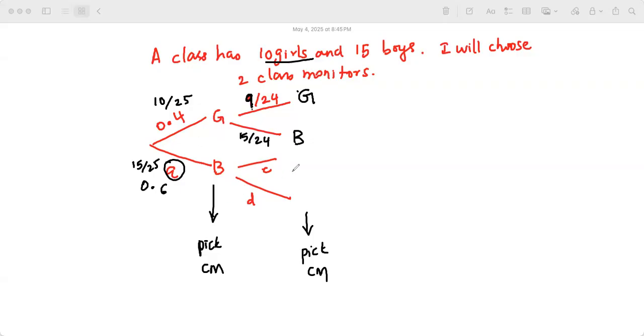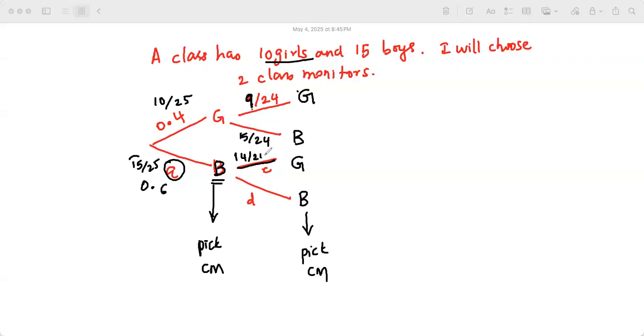Now, here you understood. Okay, the first class monitor being a boy is 15 out of 25. Now, after picking the boy, what is the chance of a girl or a boy for the second monitor? So what fraction should come on the C or the D? Would C be 10 over 24? Why 10 over 24? One boy went out, so one boy was picked. 14 over 24.